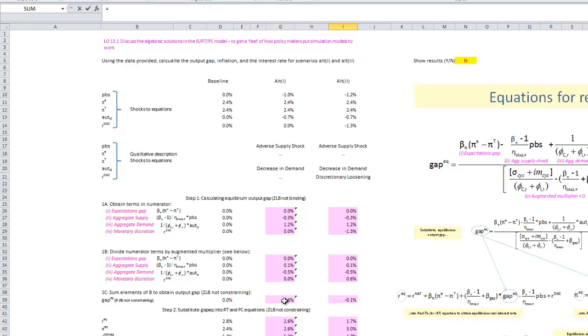And we're going to do the same thing here, multiplying it times 1 plus our output gap here, which once again is negative, but not quite so much. So you can see that in dollar terms, our output is a little bit higher under Alt 2 than Alt 1, but we already knew that because Alt 2, once again, is a scenario that envisages substantial discretionary loosening by the monetary authority, by the central bank.